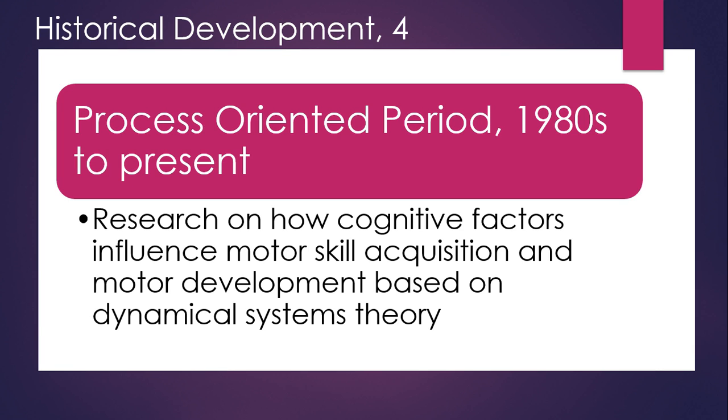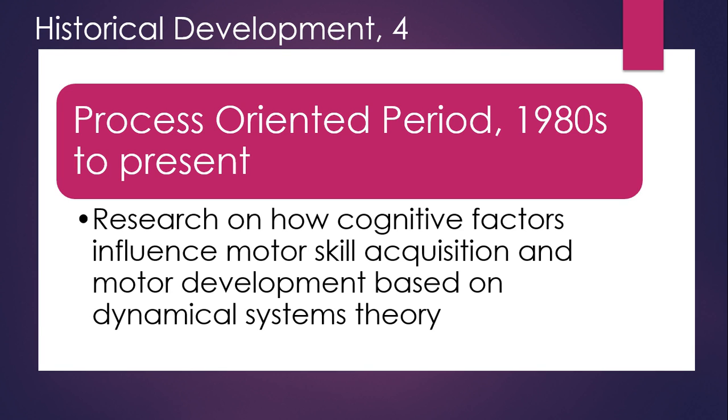In the 1970s, researchers became increasingly interested in exploring the processes underlying the development of motor skills across the lifespan. Kevin Connolly's edited book, Mechanisms of Motor Skill Development, set the foundation for further research into the cognitive processes associated with motor skill development. Jerry Thomas was one of the leaders in researching how cognitive factors influence children's motor skill acquisition.